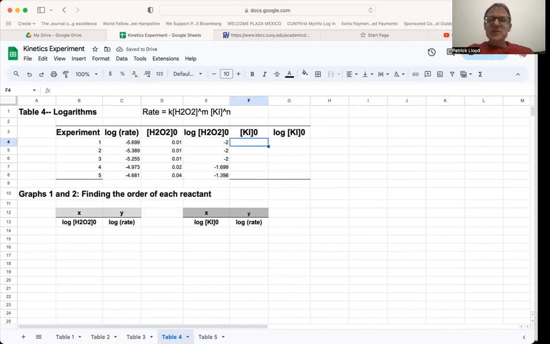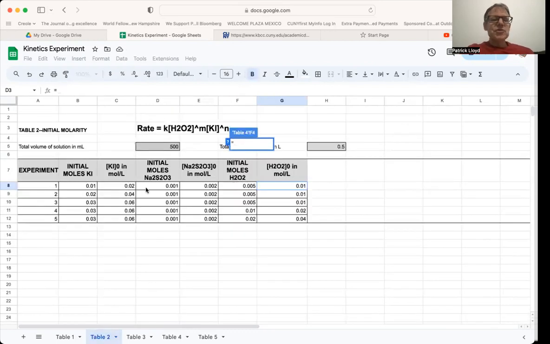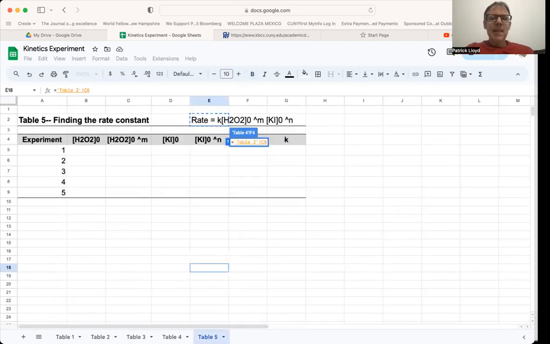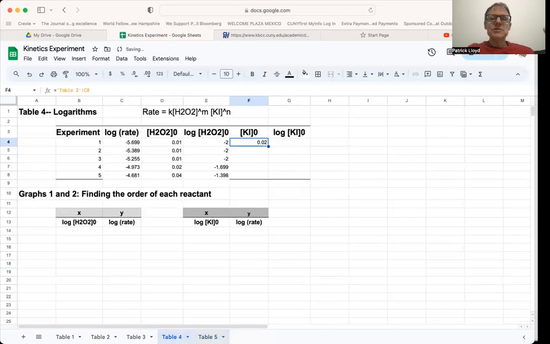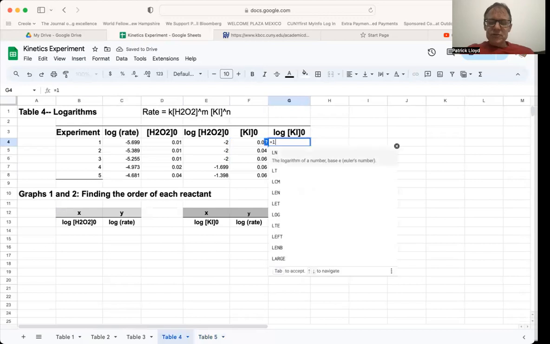Same thing, we want the initial concentration of KI. That's all the way back in table 2. So here we go, here's our initial concentration. I don't need to close that, I just need to use the value, and then same thing, come on down like that. Then we'll do the log, so equal sign, log.